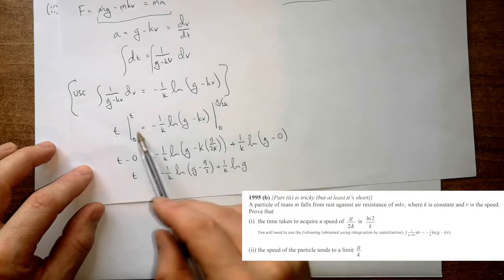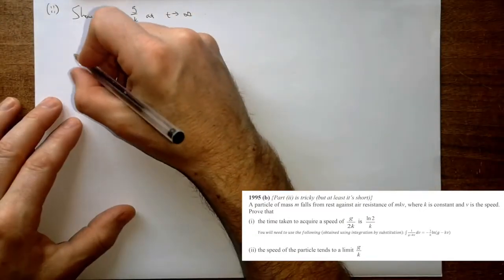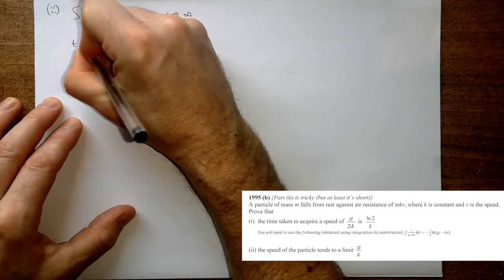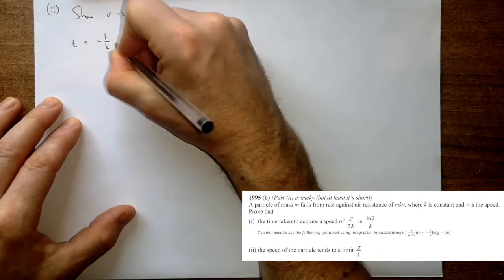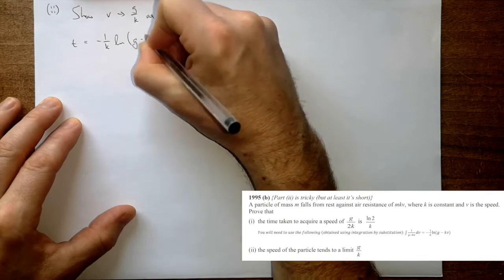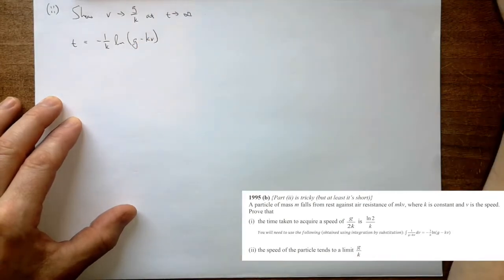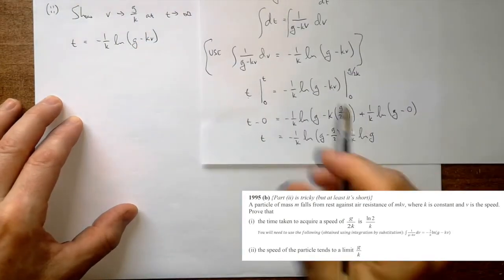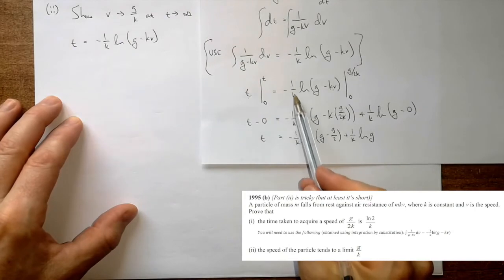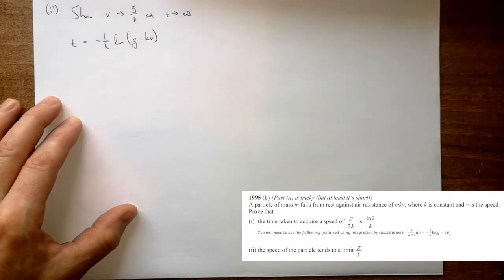Now we've used our limit, so we actually really need to go back here and pop in a constant. So what we're going to say is that t is minus 1 over k, natural log of g minus kv. So we just double check that is just what we had here. Okay, there we are, and plus our constant.